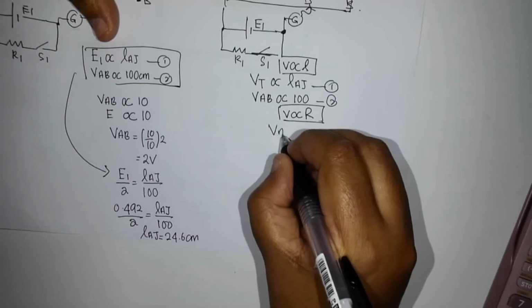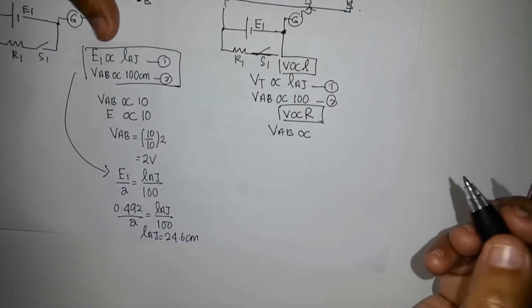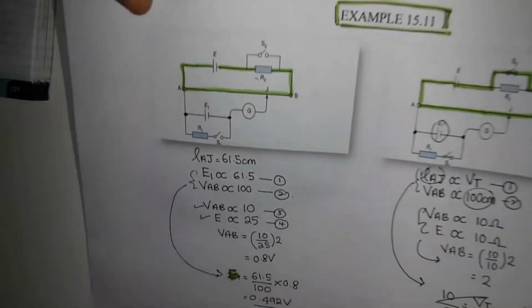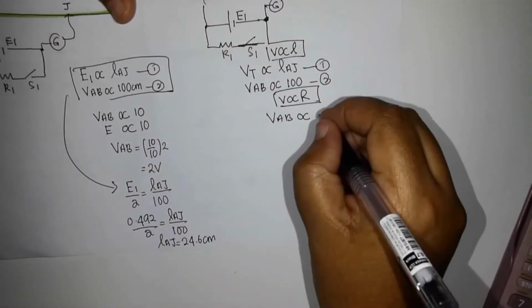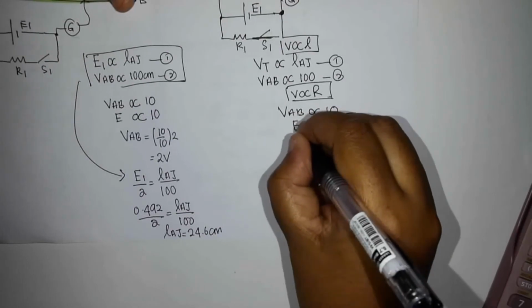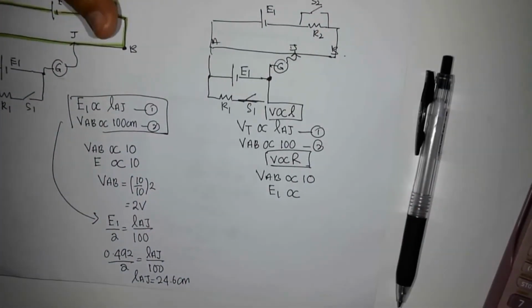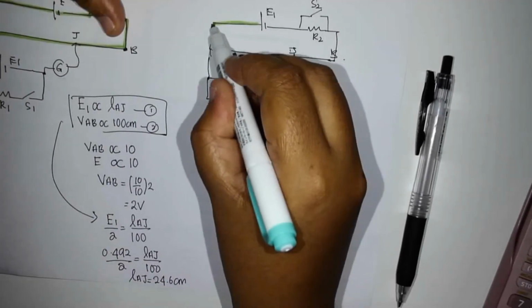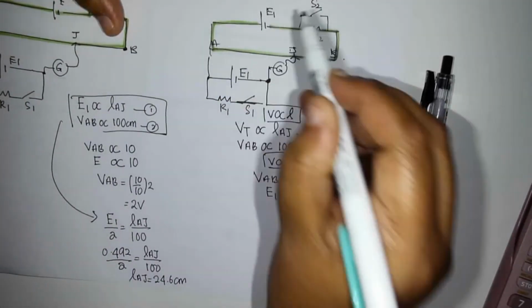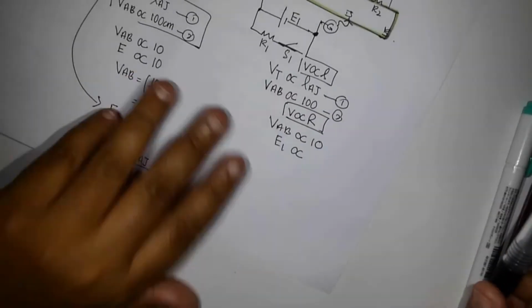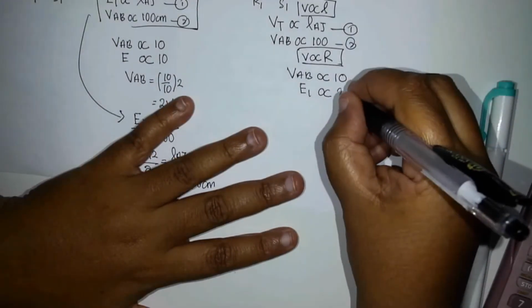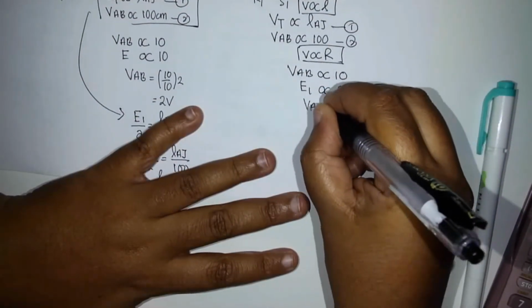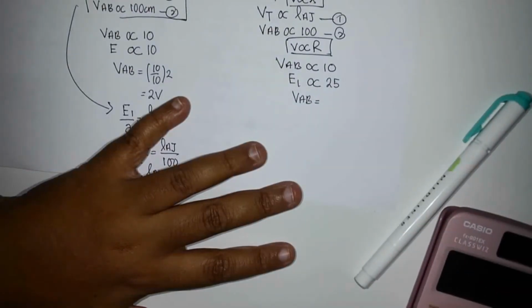VAB is directly proportional to the resistance of AB, 10 ohm, and the current will start flowing through this one, so R2 is taken into account, and R2 is 15. So 10 plus 15 is 25. VAB equals 10 divided by 25 times 2, so I get 4 over 5, which is 0.8.